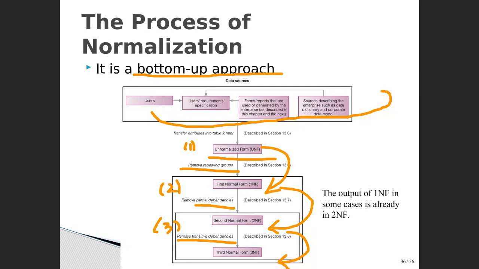Number 2, from first normal form to second normal form. How can we do it? By removing the partial dependency. Number 3, from second normal form to third normal form. How can we perform it? By removing the transitive dependency.